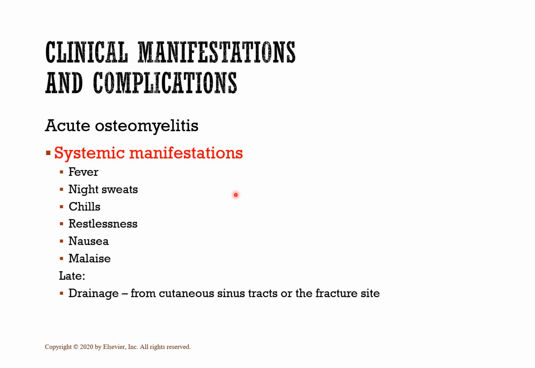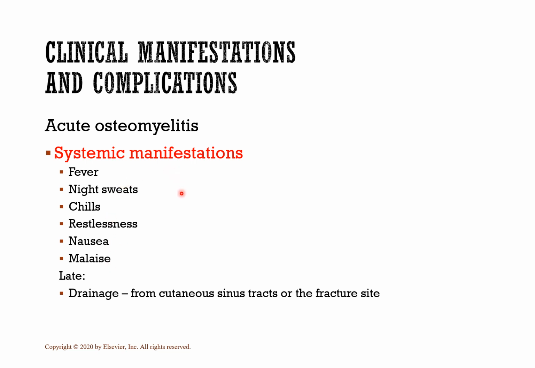And the systemic, and at this point I want you to really start paying attention to when you're seeing words like systemic manifestations, because you're going to be seeing systemic manifestations under rheumatoid arthritis, and they're all pretty much the same. Keyword you're focusing on is systemic, so the whole body in some way is involved, right? So you're seeing things like fever, night sweats, chills, restlessness, nausea, malaise, right?